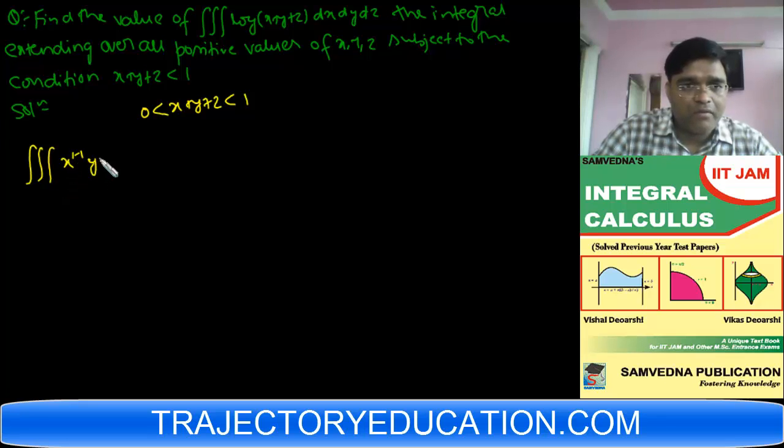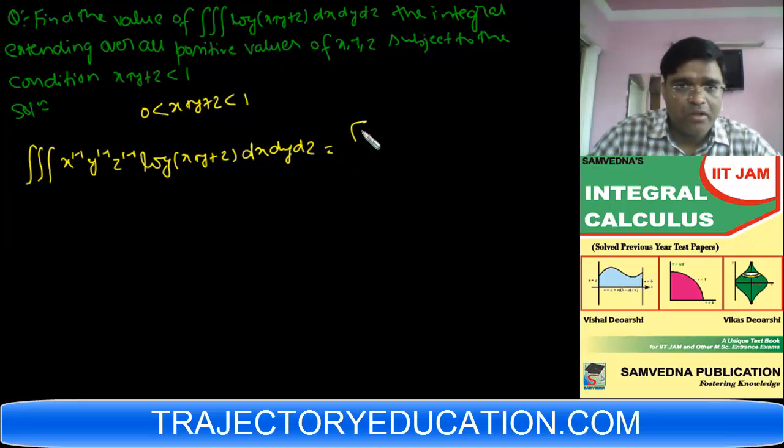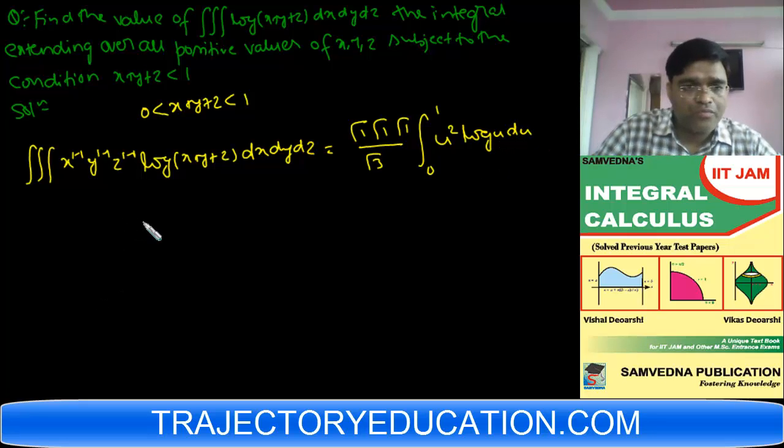x to the power 1 minus 1, y to the power 1 minus 1, z to the power 1 minus 1, and log(x plus y plus z) dx dy dz. This will be equal to gamma 1 gamma 1 gamma 1 over gamma 3, integral 0 to 1, u to the power 1 plus 1 plus 1 minus 1, u square, log u du.